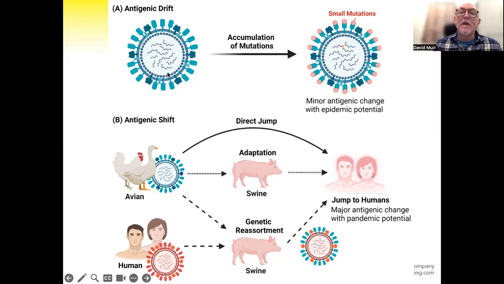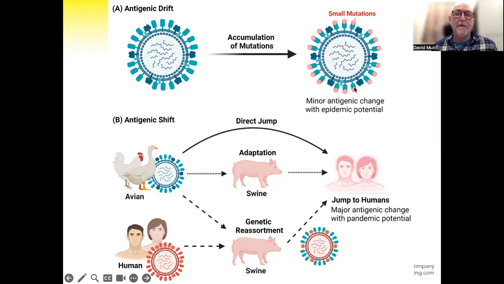The first is that as the virus moves through an epidemic, as it moves from person to person, and ultimately from country to country, the influenza virus can accumulate small changes to the genomic structure.